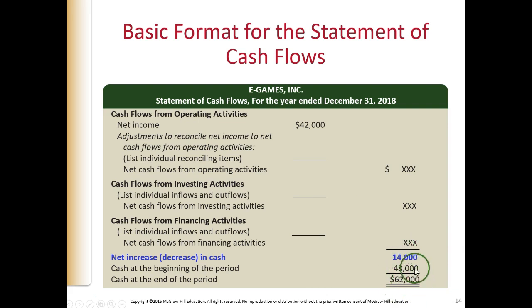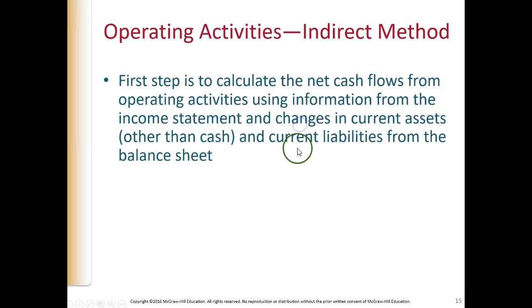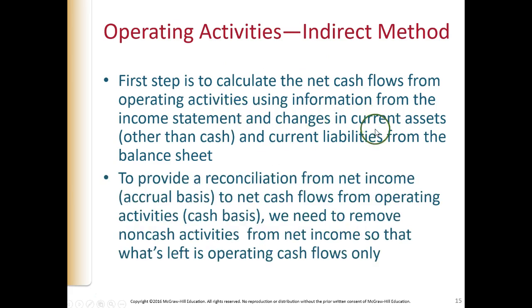We're working towards these numbers. So we're going to look at this section right now in detail. Start with net income. Then the first step after that is to go through your current assets and your current liabilities and account for those changes in the operating section of the cash flow statement.